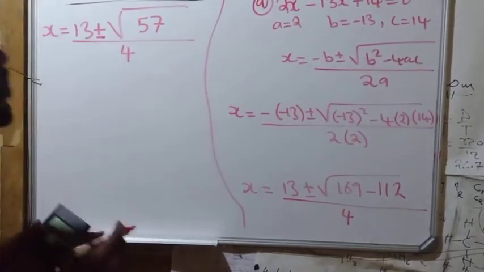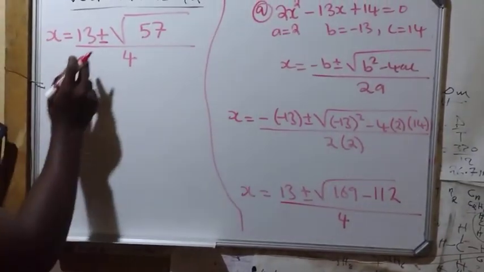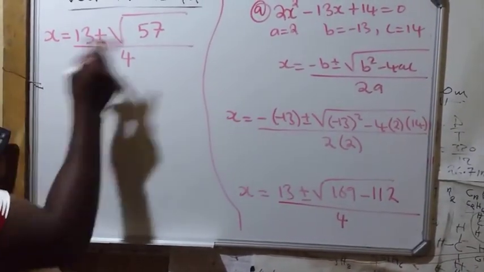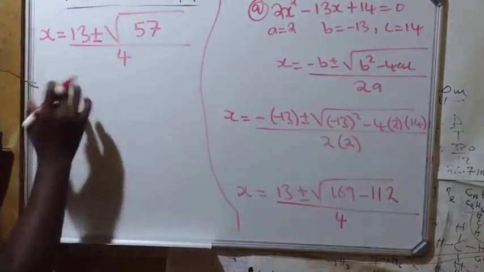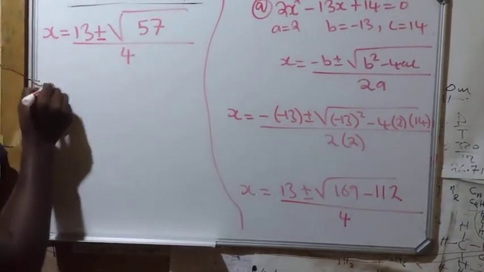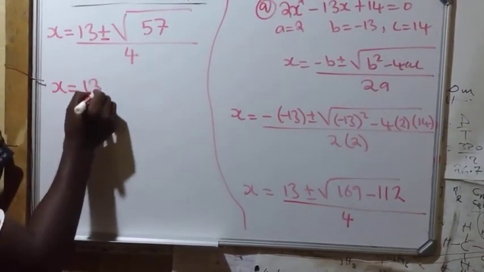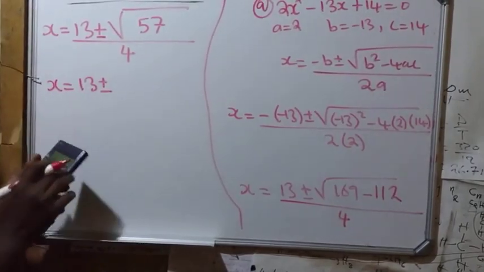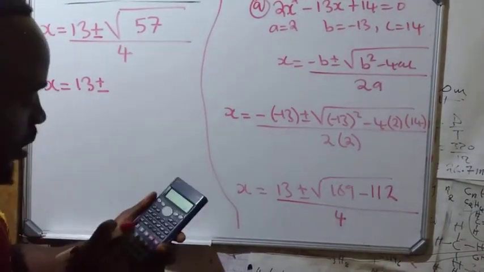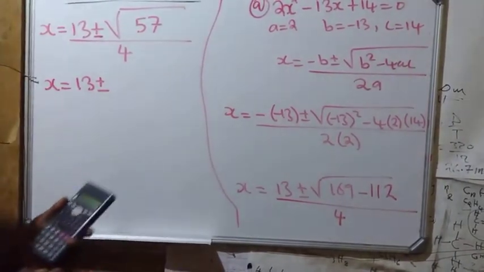So what will happen is this. You can see you have got 2 signs. Let's just write the value of this so that it becomes very easy for us. X equal to 13 plus or minus the square root of 57. Remember, this is paper 2, so you need these.